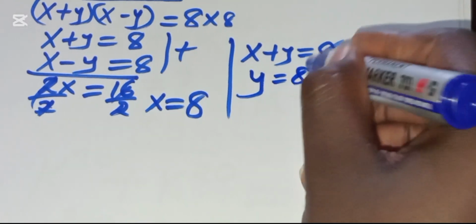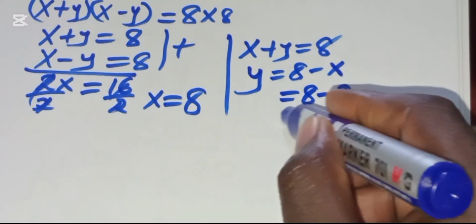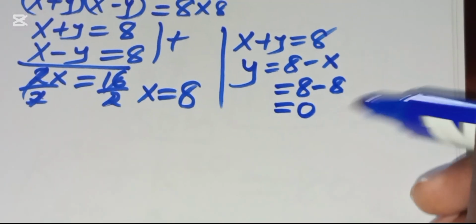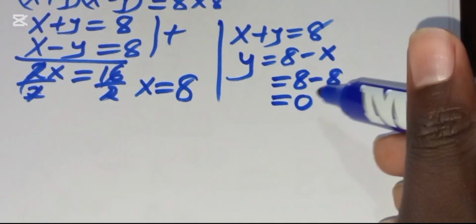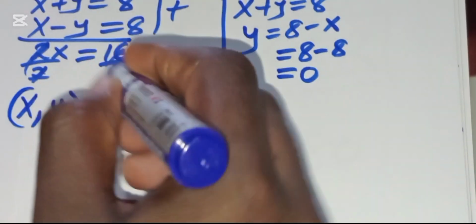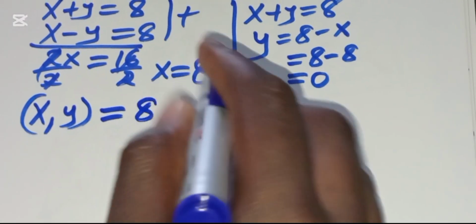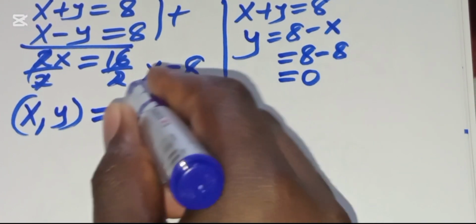We're going to have 8 subtract x, so 8 minus 8, which is equal to 0. So we have another set of x and y, which is equal to 8 and 0.